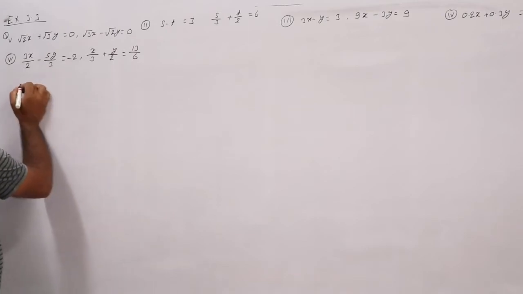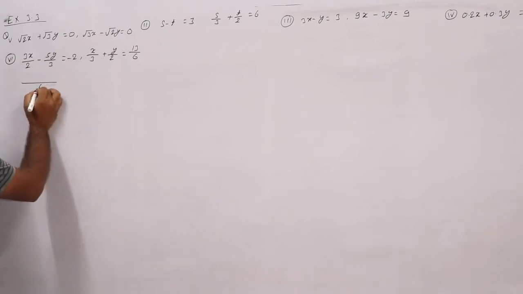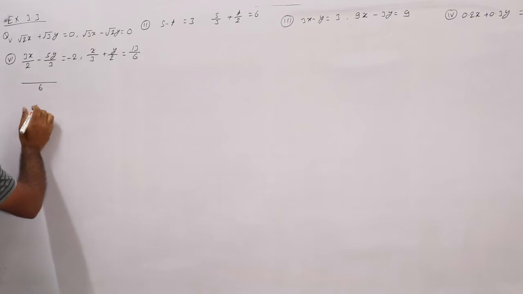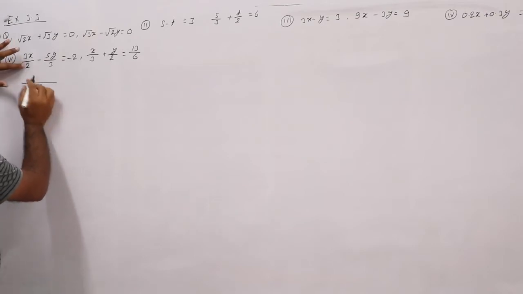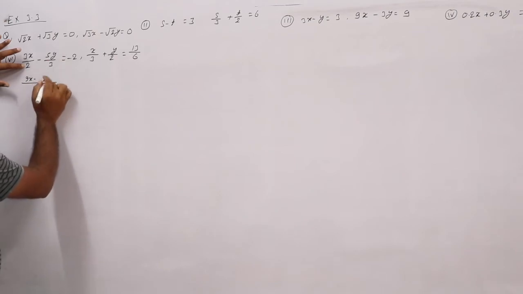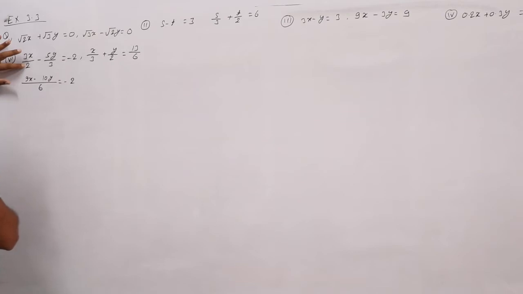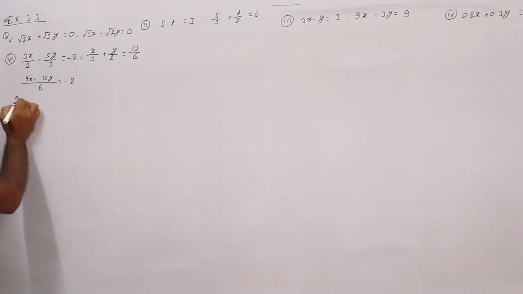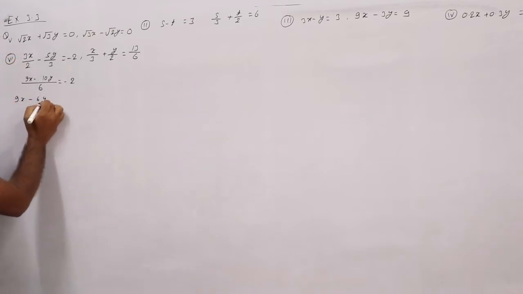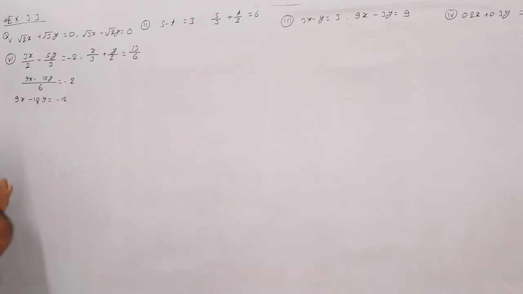See this question, what will we do here? We'll take the LCM. So here 2 3s are 6, 3 3s are 9x minus 3 2s are 6, and 5 2s are 10y is equal to minus 2. So here it becomes 9x minus 6 equals 10y minus 12.